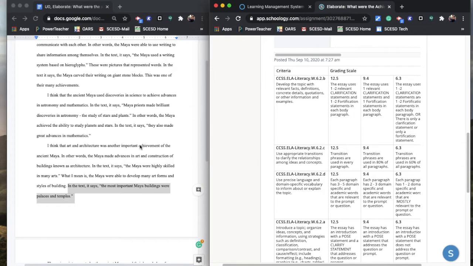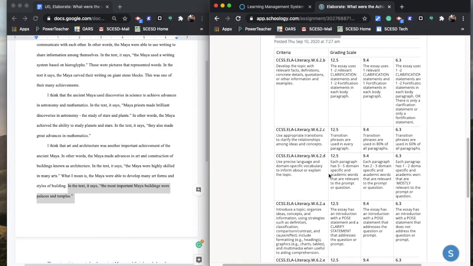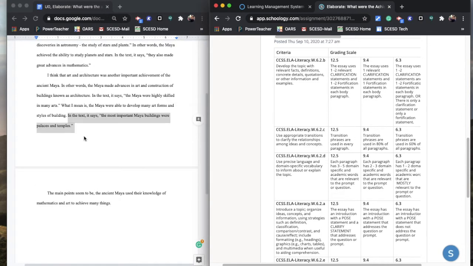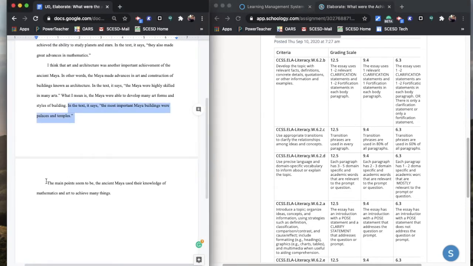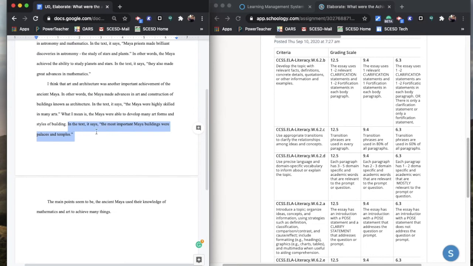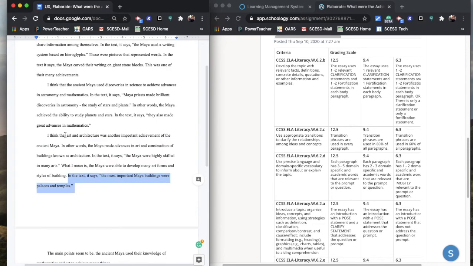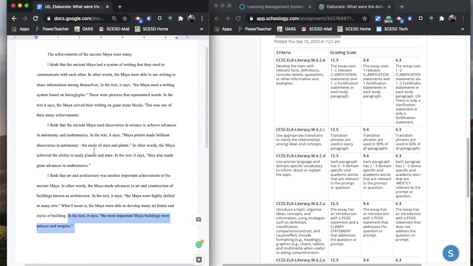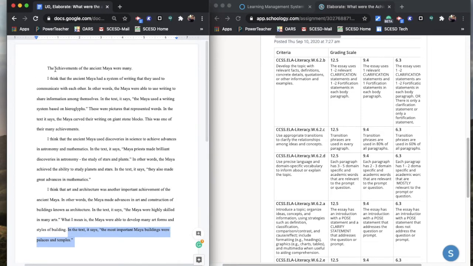Use appropriate transitions to clarify the relationships among ideas and concepts. Transition phrases are used in every paragraph, and we went through and we actually could see that there's a transition phrase. In the text it says there's a transition phrase. I think that, so the only thing that we could change, we could actually change this to use a transition phrase.